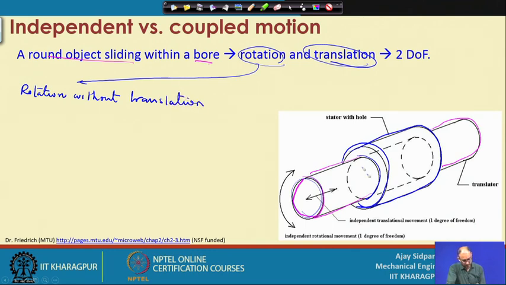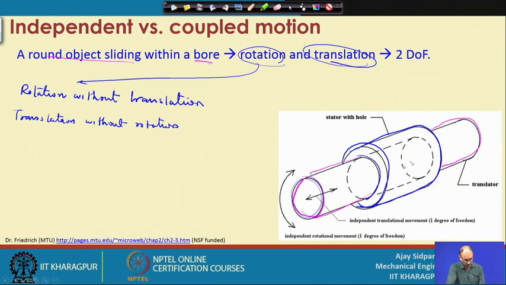translation, right? It is possible, and if you want translation without rotation, that is also possible. If you are moving just this way, in the translation direction, then it is possible.